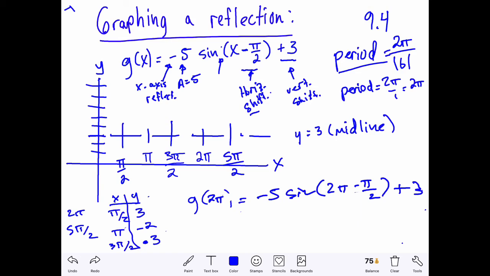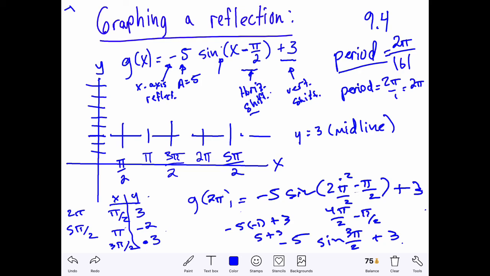Well, what's 2 pi minus pi halves? I have to multiply that by 2 over 2, and that'll give me 4 pi halves minus pi halves, which is 3 pi halves. Okay, the sine of 3 pi halves would be the y value at 3 pi halves, which is negative 1. So negative 5 times negative 1 plus 3. 5 plus 3 is 8.